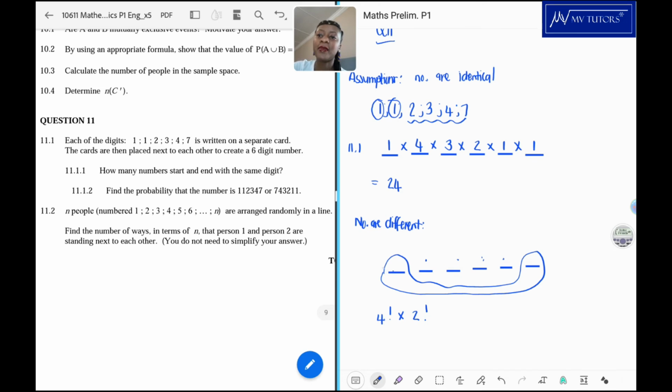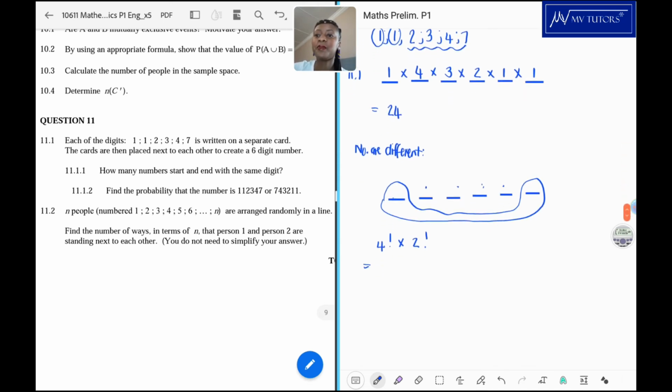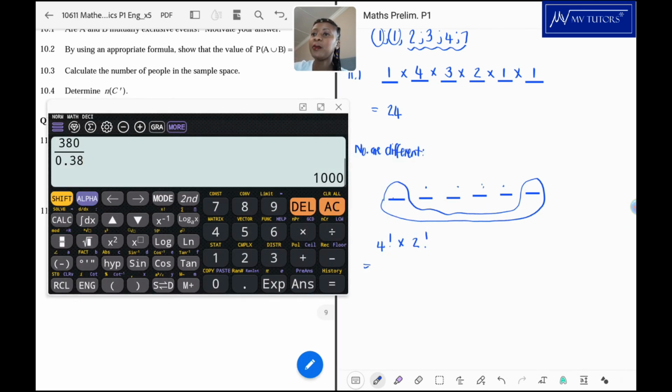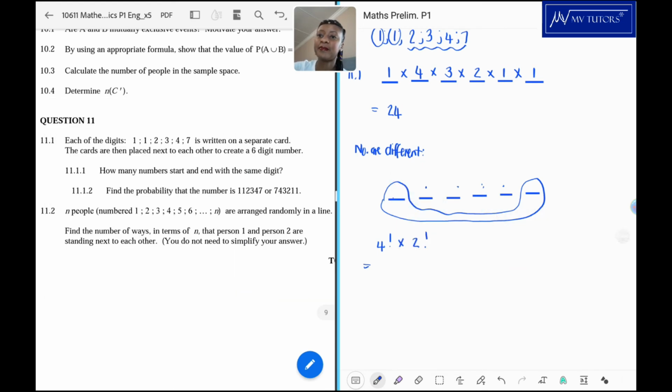The reason I say 2 factorial is because I have 2 options available: one could be this side and that side, and you could swap them. So that's why you multiply by the 2 factorial. 4 factorial should be 24, but let us check. 4 factorial is 24, multiplied by 2 factorial, and that is 48. And that is how you would solve it.